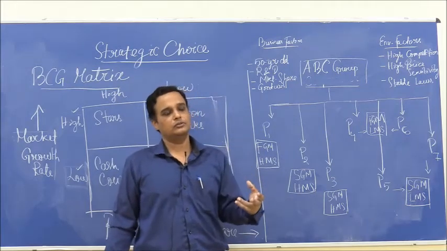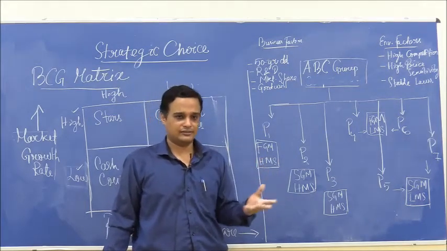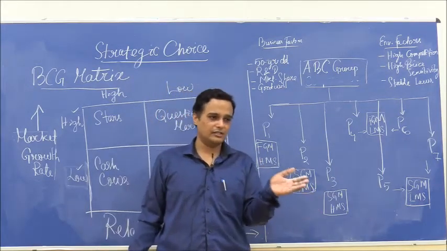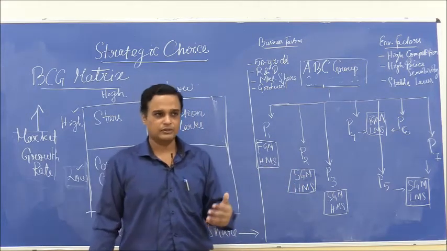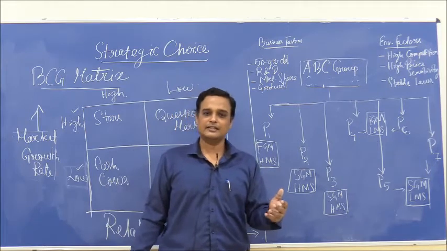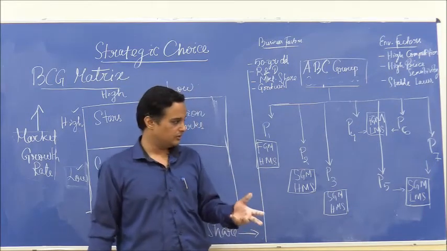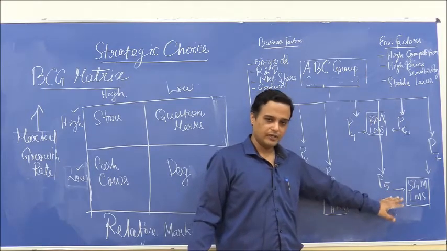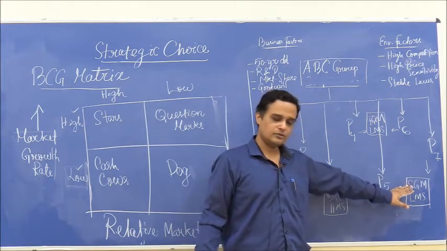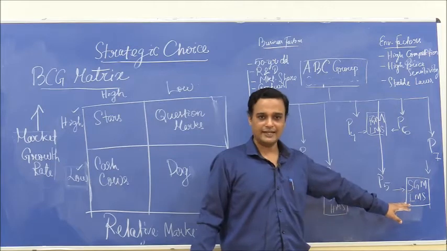It is not able to furnish any more sales. Despite the best efforts of the company, maybe the company is putting in a lot of money, but still the product has not been able to generate a lot of revenues. In that case, let us categorize it in this way. P5 and P7 are in a slow growing market with low market share.